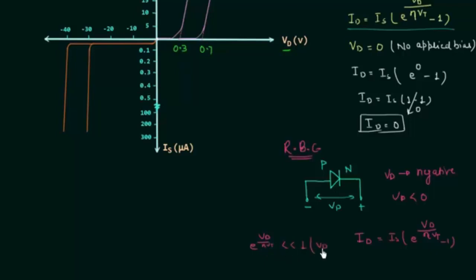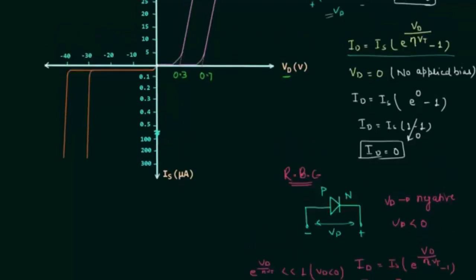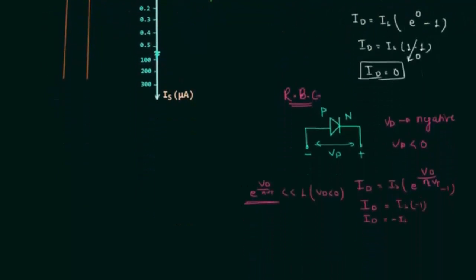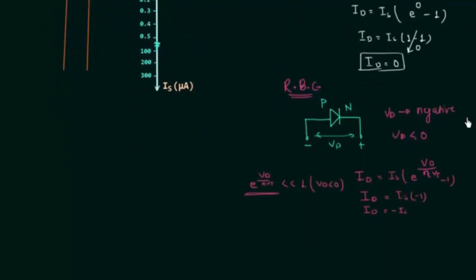So we can neglect this term and we will have ID equals to IS times minus 1, or we can write ID is equal to minus IS. So the direction of current in case of reverse bias condition is opposite to this direction, and we have only one current in case of reverse bias condition, and that is the reverse saturation current, and the direction will be like this.